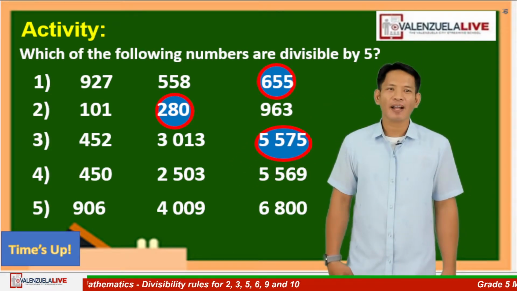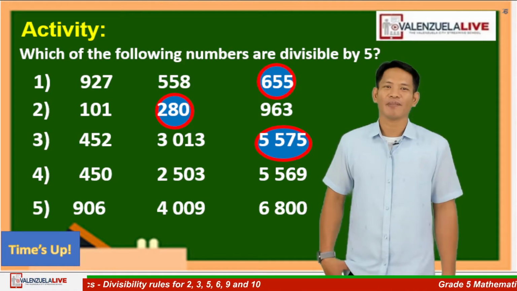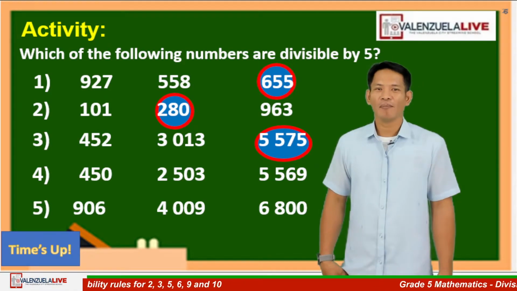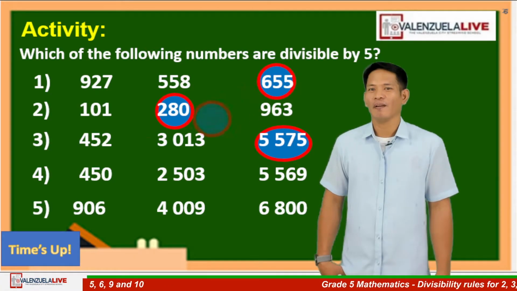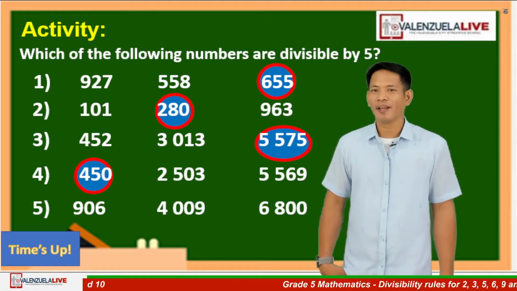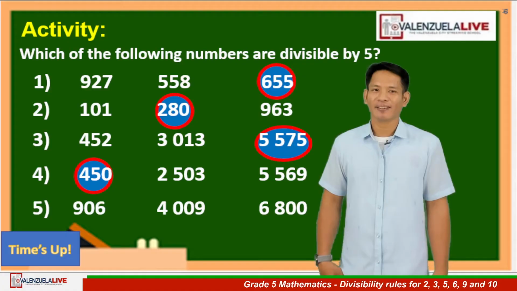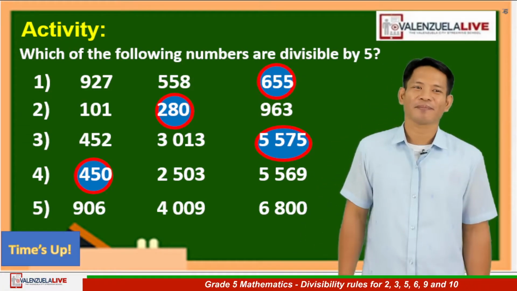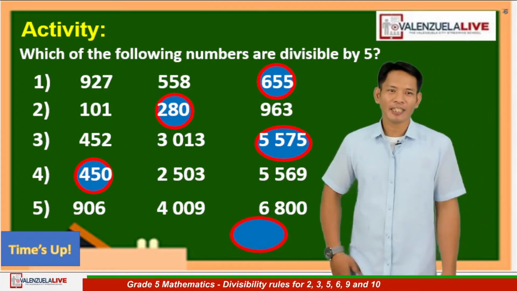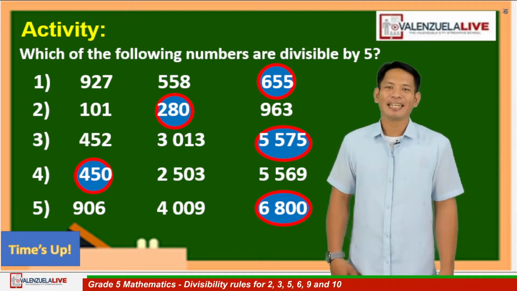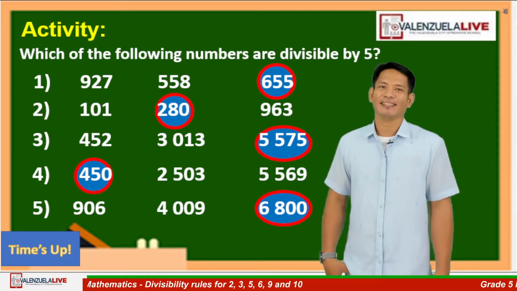We have 5,575. How about in number 4? If your answer is 450, then you are definitely correct. How about in number 5? Very good. The correct answer is 6,800. Okay.